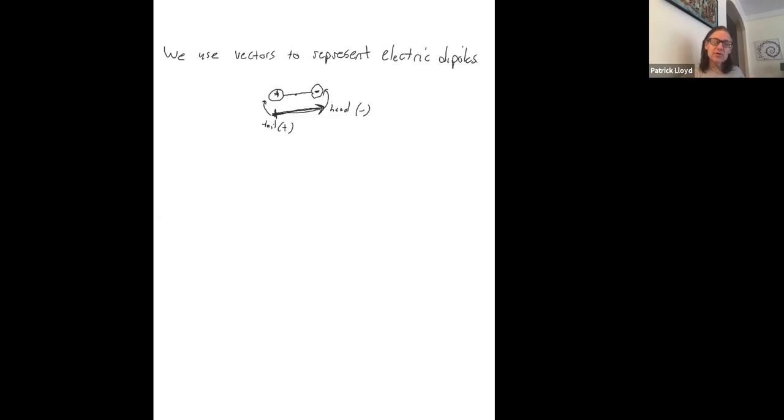Now, the larger the dipole, the magnitude of the dipole scales, meaning gets bigger or smaller, with the length of the arrow.